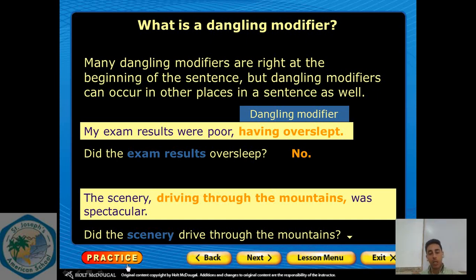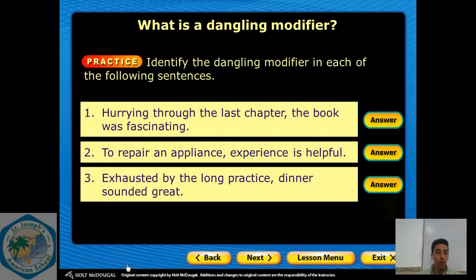You already got the concept now. Let us do some practice to see whether the modifiers in front of you are dangling or correct, and then we will see how to fix them. "Hiking through the last chapter" must be a person, so ask yourself. "The book was fascinating."